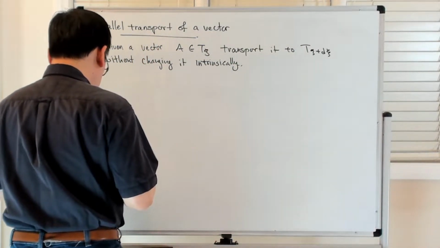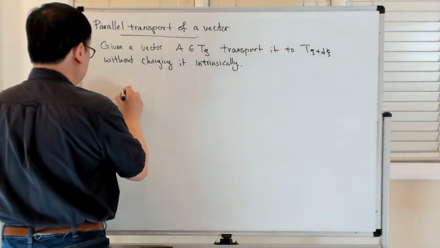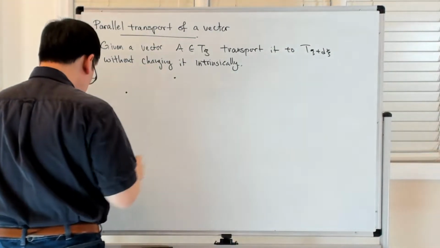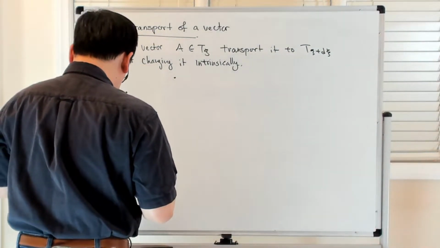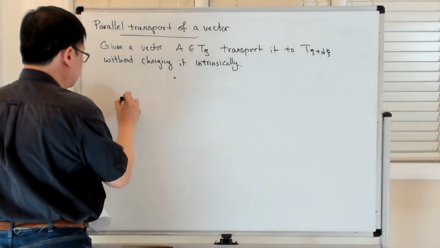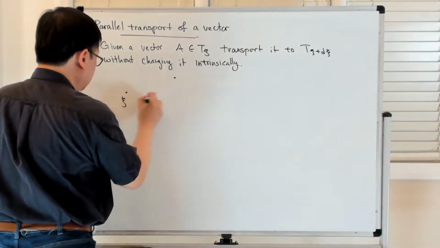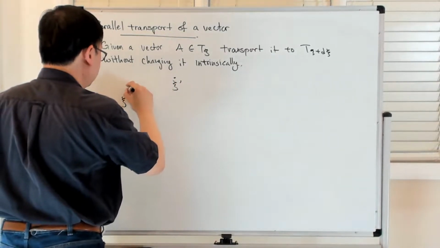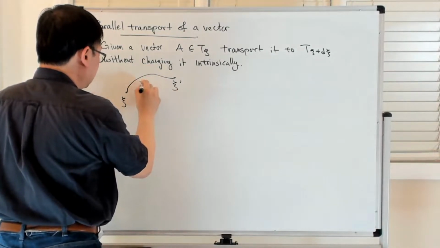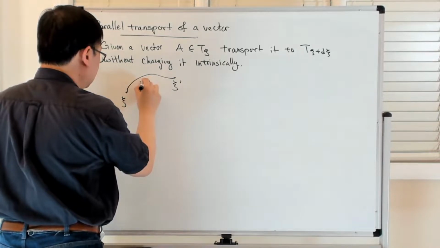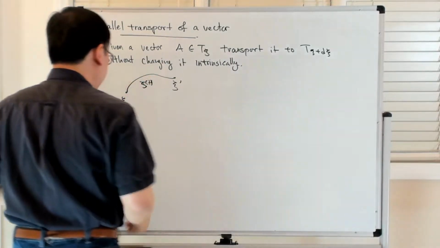Okay, so if you have now two points, let's say P and C prime, I'm going to imagine having a curve which connects the two, which is parametrized in some way.